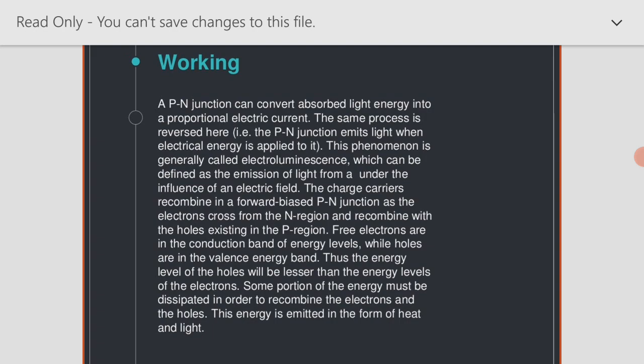The charge carriers recombine in a forward biased PN junction as the electrons cross from the N region and recombine with the holes existing in the P region. Free electrons are in the conduction band of energy levels, while the holes are in the valence energy band. Thus, the energy level of the holes will be lesser than the energy levels of the electrons. Some portion of the energy must be dissipated in order to recombine the electrons and the holes. This energy is emitted in the form of heat and light.